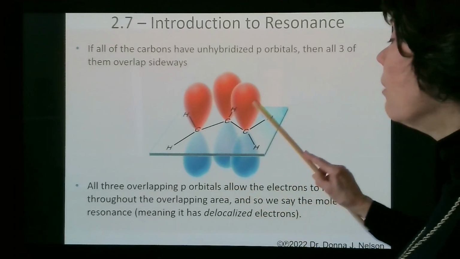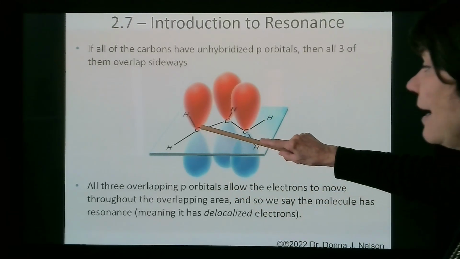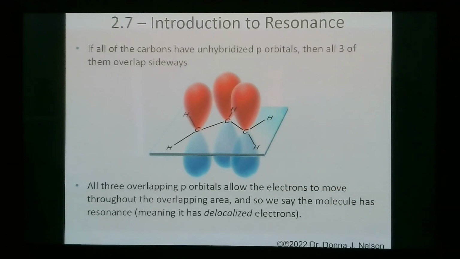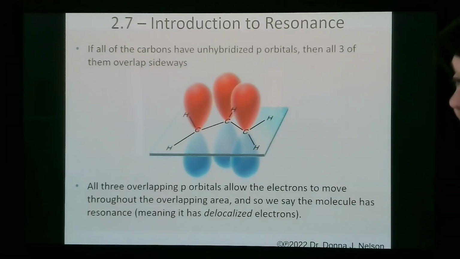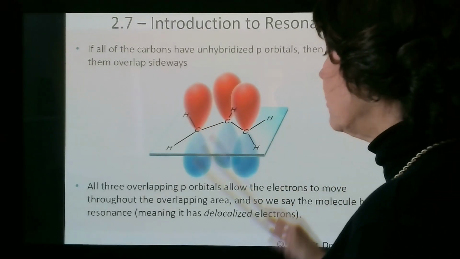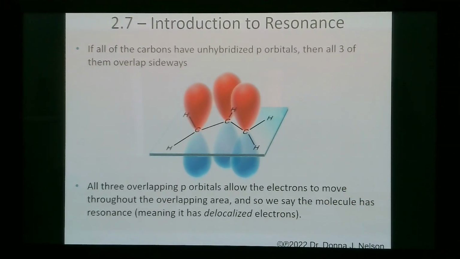Now, it's very important for you to recognize that these are p orbitals. A p orbital is an atomic orbital. A p orbital resides on one atom. That's why it's called an atomic orbital. Here, these 3 atomic orbitals, taken together, will give an idea.